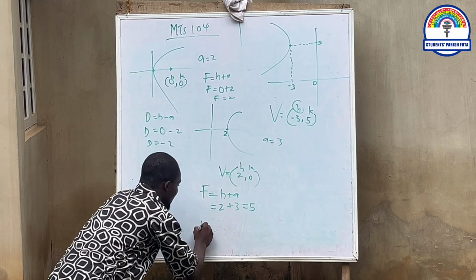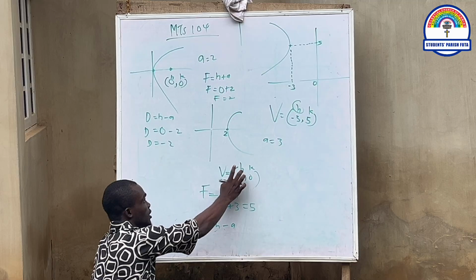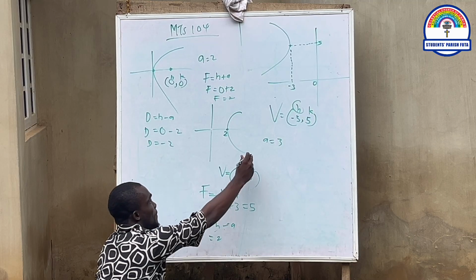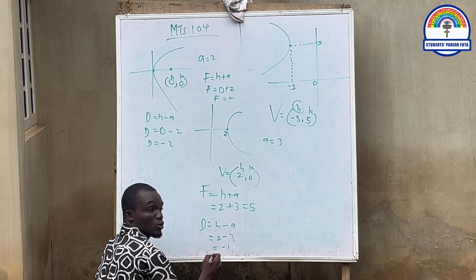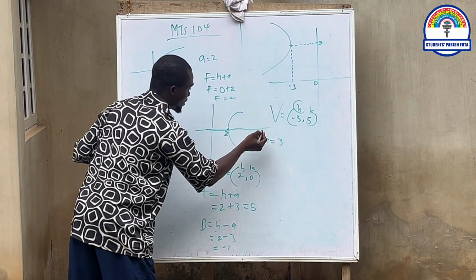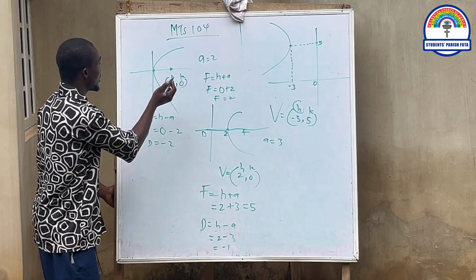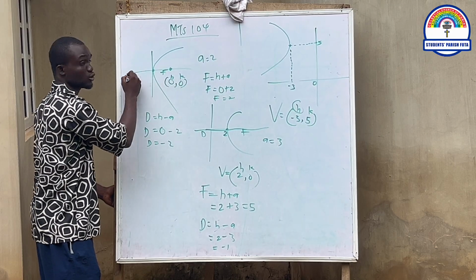For directrix, that's h minus a. What is our h? 2, right? That's 2 minus 3, that's -1. And don't forget that the focus will be somewhere here, the directrix will be somewhere here. Do you understand?